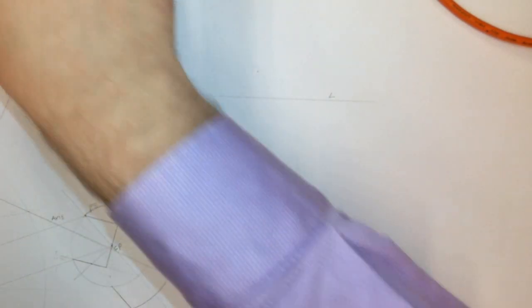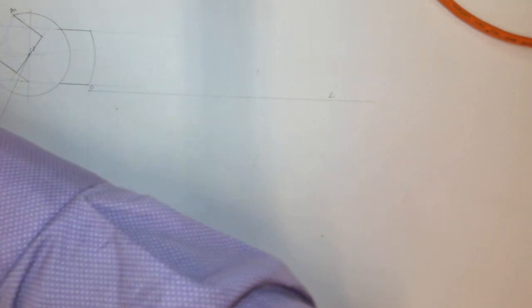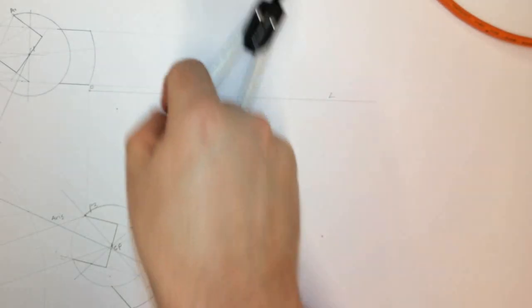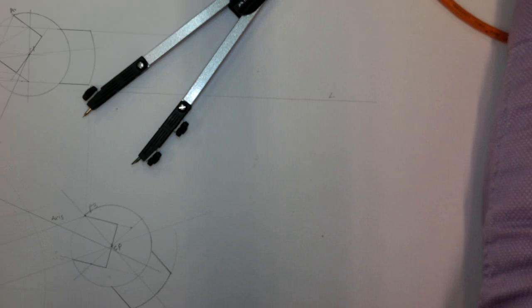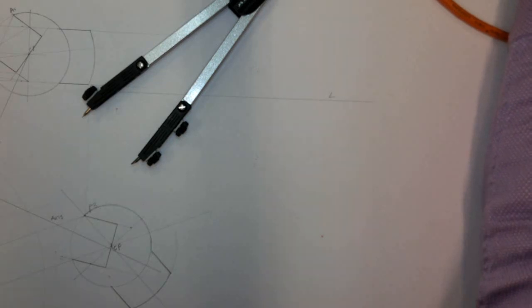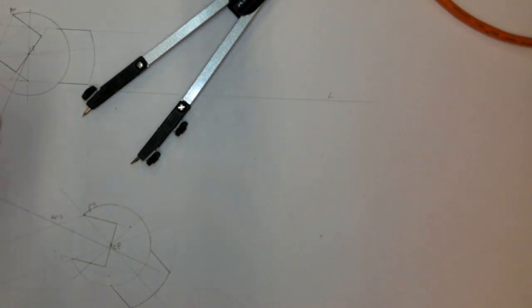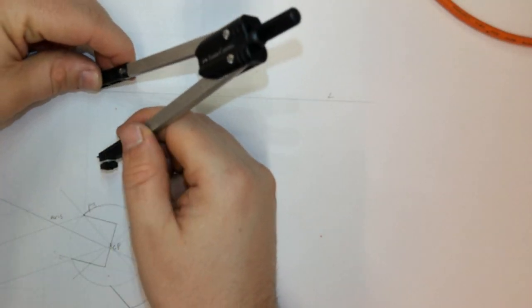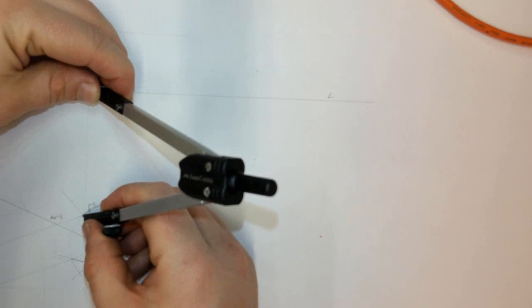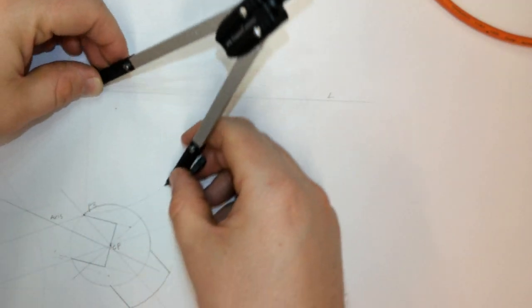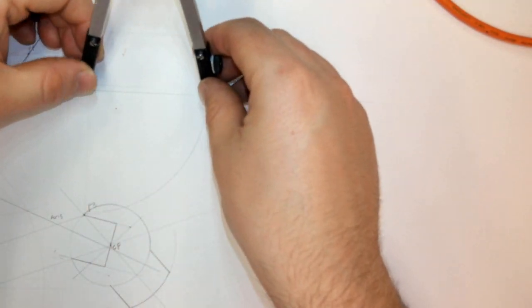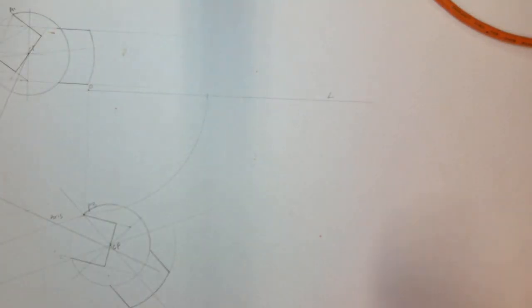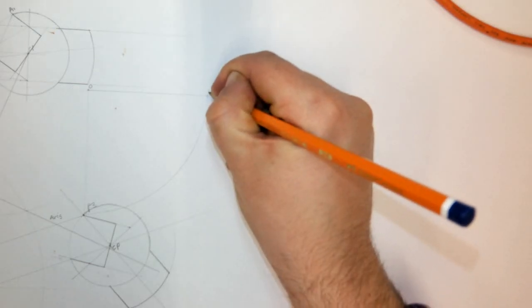Now we're going to take our compass and put it on point O. Okay, back to where we were. Put your compass on point O and rotate P3 until it touches the line OL, and this is P4.